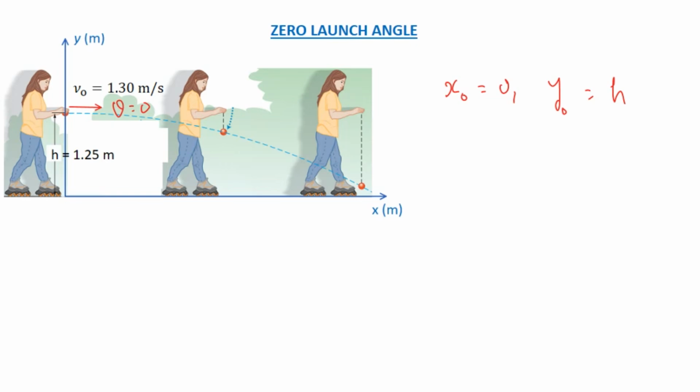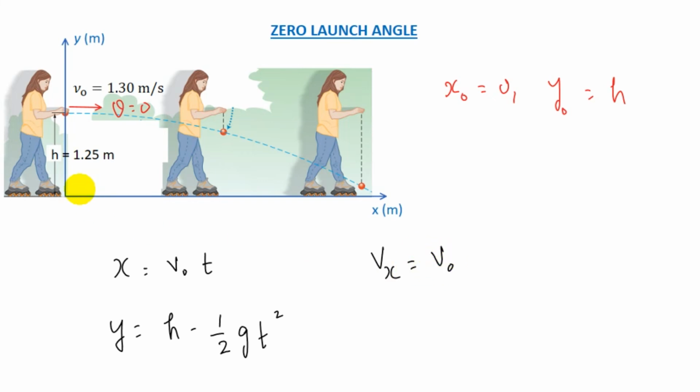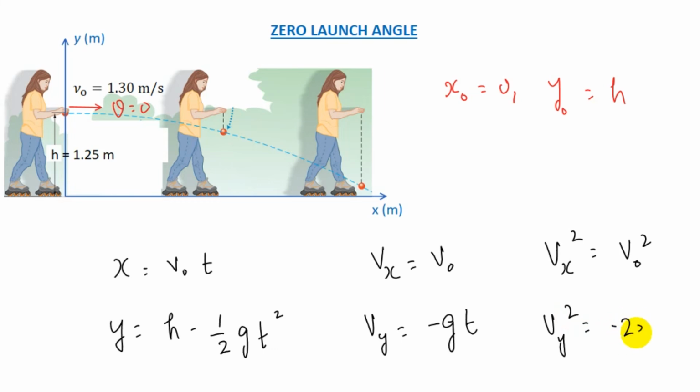The first one was x equals v naught times t, then y equals h minus 1/2 g t squared. Then vx equals v naught, that is, the horizontal velocity remains the same, and vy is minus g t. Then vx squared equals v naught squared, and finally vy squared equals minus 2g delta y. These were the equations that we derived.